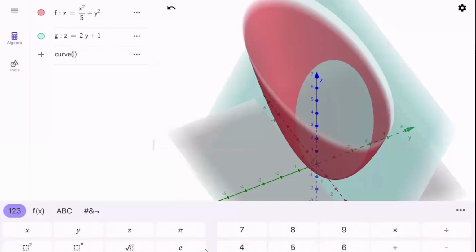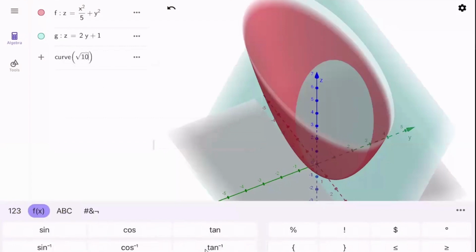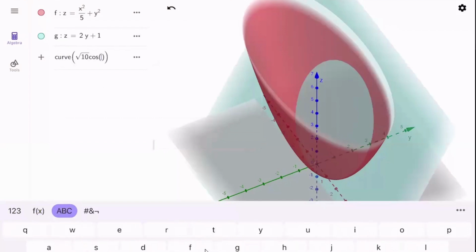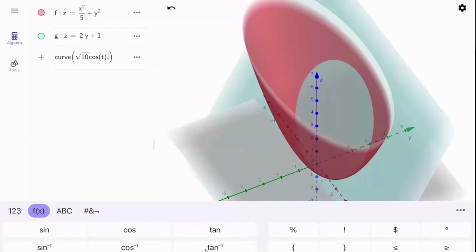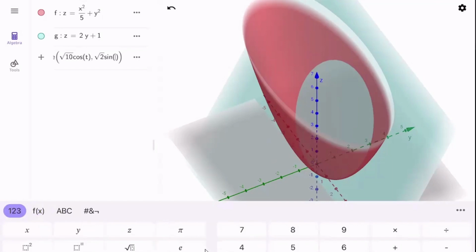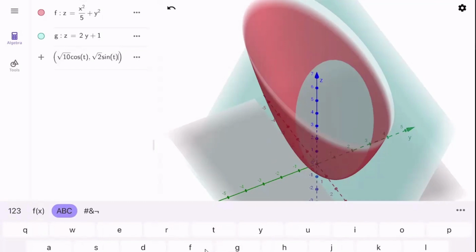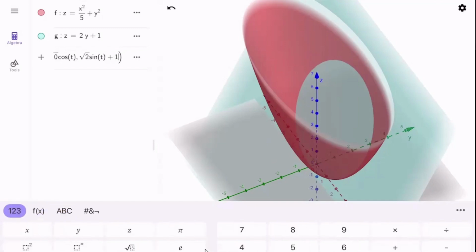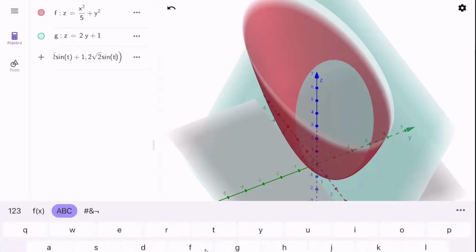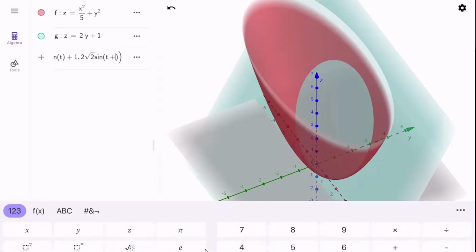That was square root of 10 cosine of t, so that was the x component, comma, then for the y component, we had square root of 2 sine of t plus 1, and for z we had 2 square root of 2 sine of t plus 3. So that is our curve C.